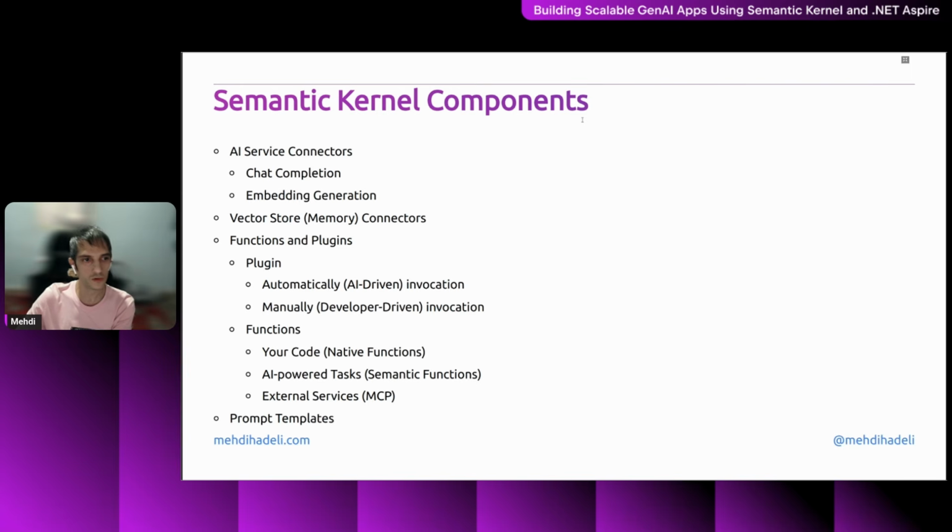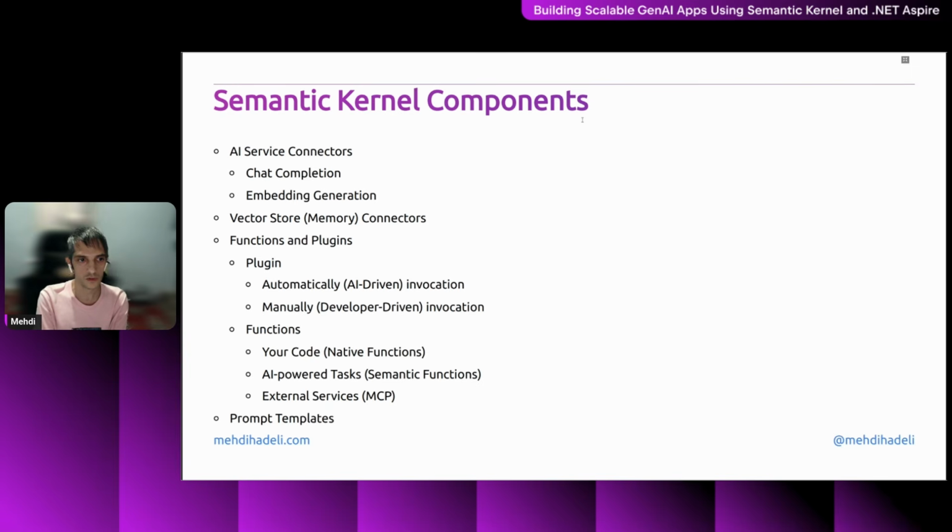The embedding generator is used for vector databases, mostly for semantic understanding of your concepts. Mostly we use embedding generators for generating vectors, and we use vectors for semantic search or something like this. Another component in Semantic Kernel is the vector store connector, like Qdrant, SQL Server, MongoDB, and Postgres for storing our vectors, and a lot of other connectors.